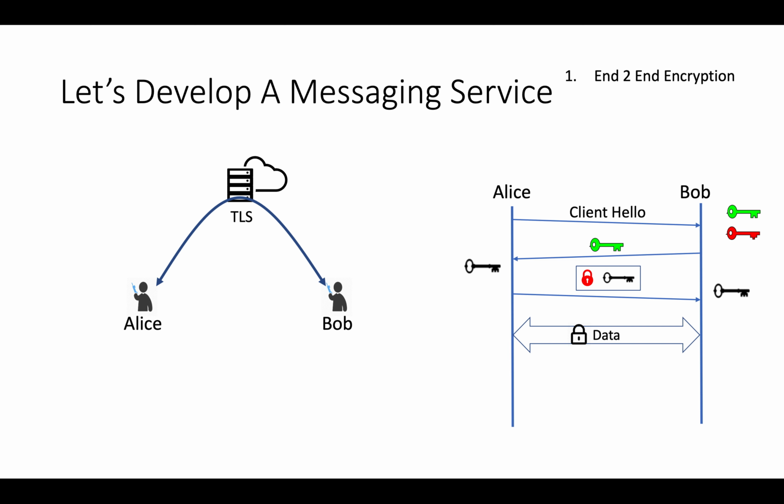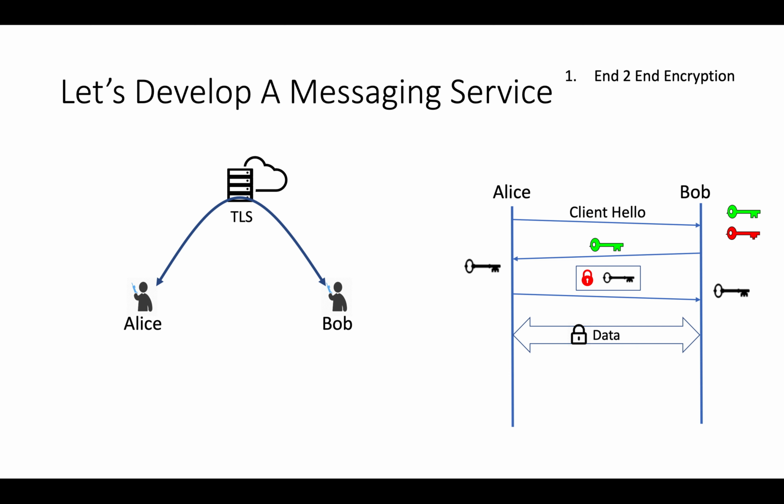Let's see how they exchange keys using end-to-end TLS. Alice sends client hello. That will be relayed by the server without any modification. Bob sends the public key. Of course, this key goes along with the certificate, and that will again be relayed by the server without any modification.